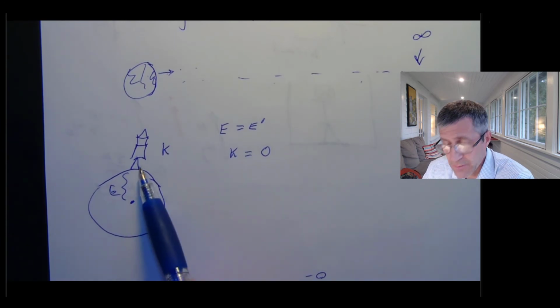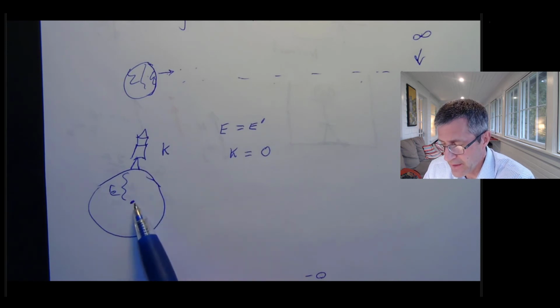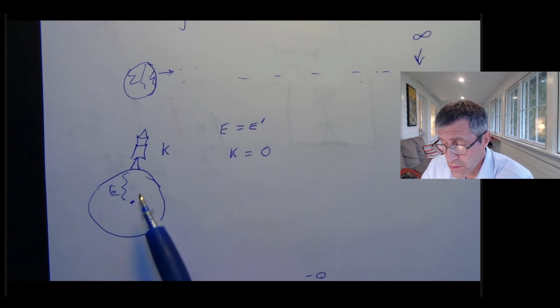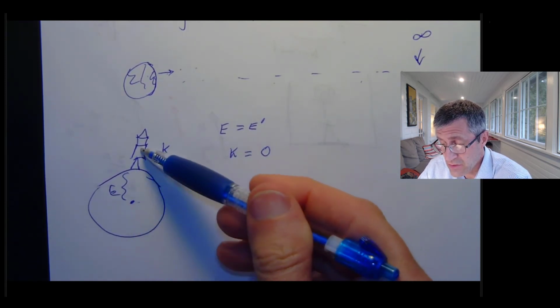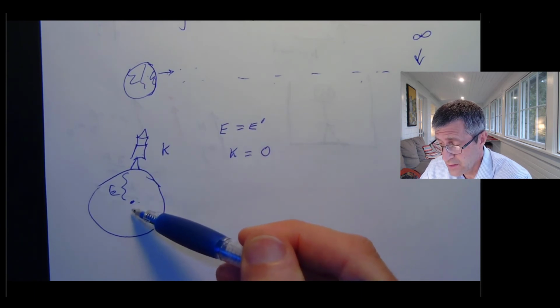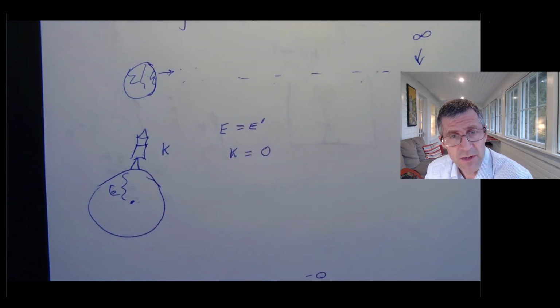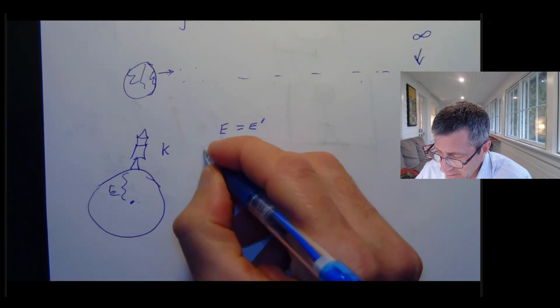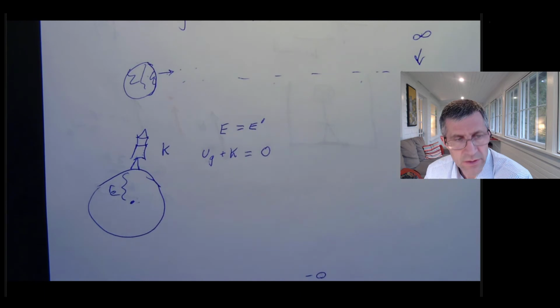Again, just like my gravitational force of attraction, I can pretend that all of this mass is at the center of that mass, and mathematically it works out perfectly. If I was right at the center of the Earth, I would have no potential energy. But if I'm further away, I've gained some potential energy. So I'm going to have some potential energy that I start with and some kinetic energy.